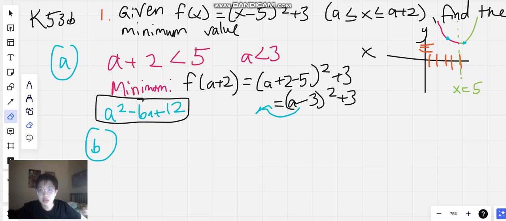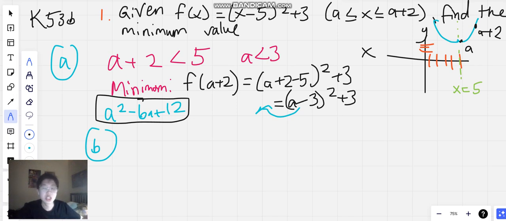Because, oh, I just erased that whole thing. Because as soon as, let's say this is a plus 2, and this is a, as long as these two boundaries don't trap the vertex anymore, we cannot define the minimum to be the vertex, because the vertex is not included in our interval.